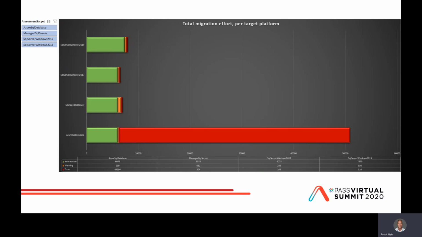Not to say that individual workloads or individual databases wouldn't be a perfect fit for that type of platform, but for our data estate as a whole, probably not a good idea. And again, this is the value of data. This is why it's so important that we do our homework before we start the project itself.